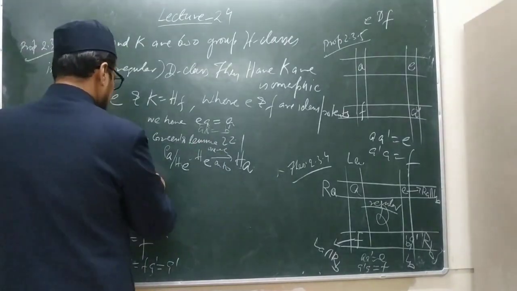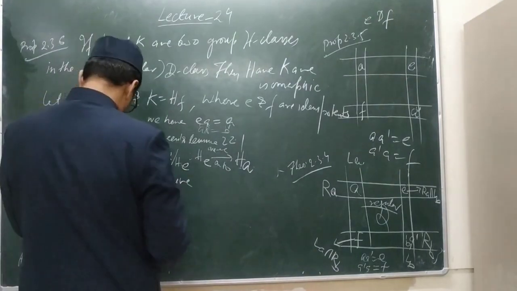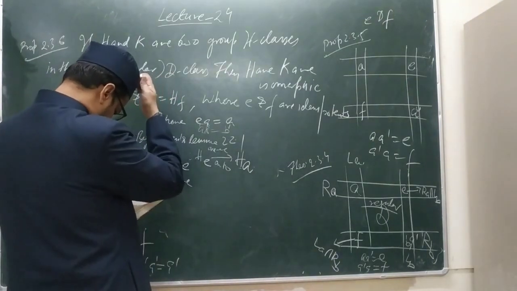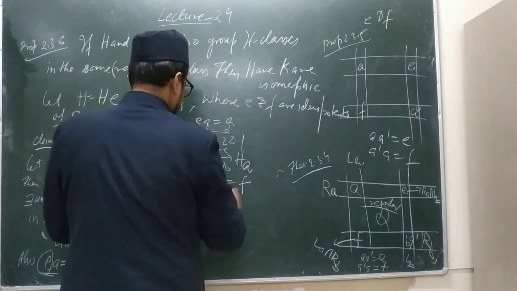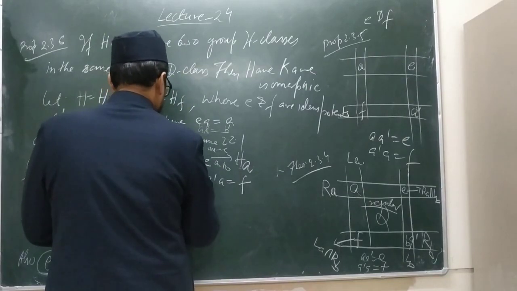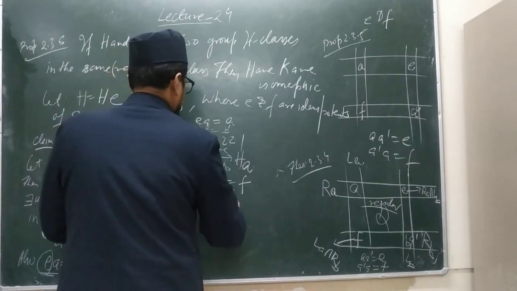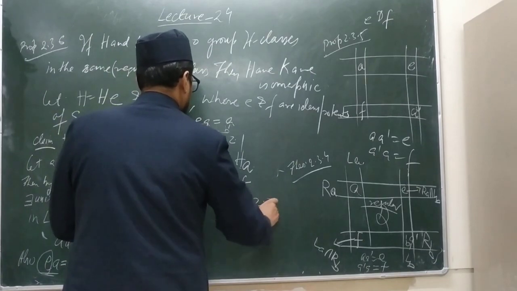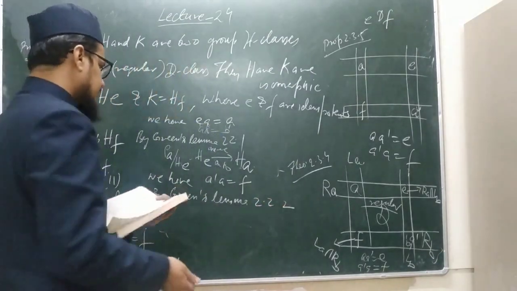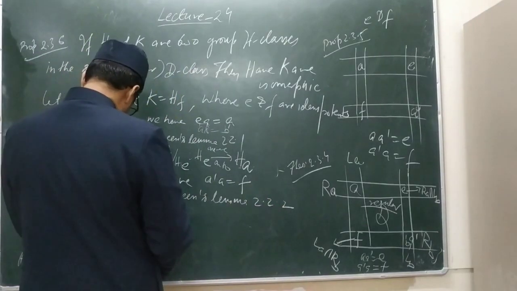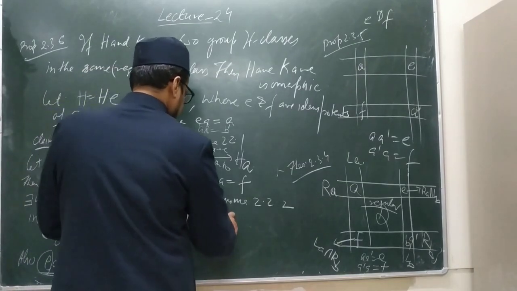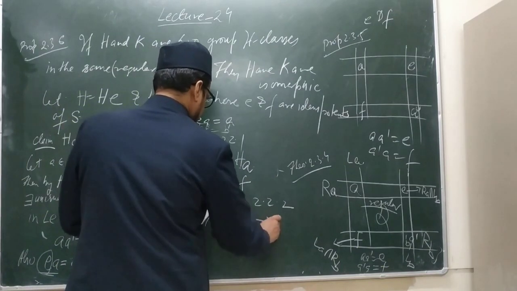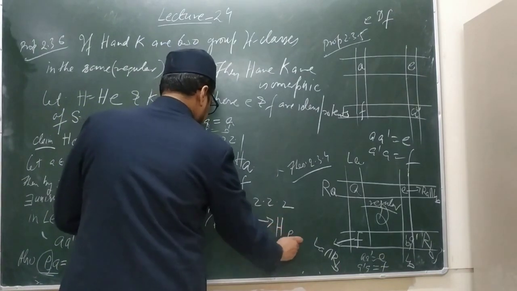Now we have A dash A is equal to F. So by Green's lemma 2.2.2, that is the dual of Green's lemma, it will be lambda A dash by HA is a 1-1-on-2 mapping from HA to HF.